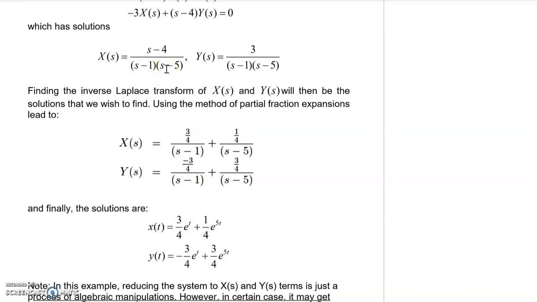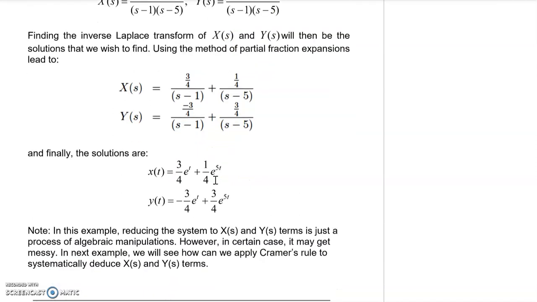Then we know this is partial fractions, so we do the partial fraction, and we come up with these fractions here. Similarly for y, you rewrite the term here in terms of partial fractions. And finally we take the inverse of the right hand side of these two equations to get the solution here. So those are the steps.